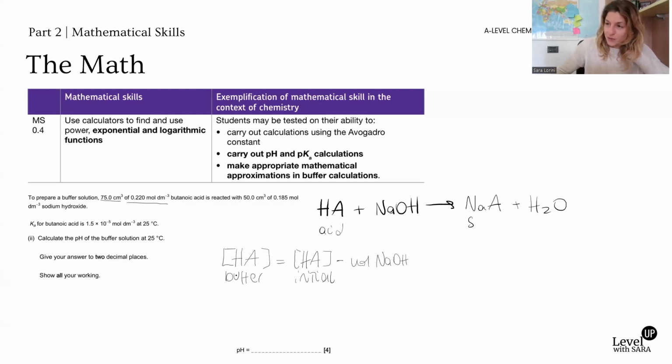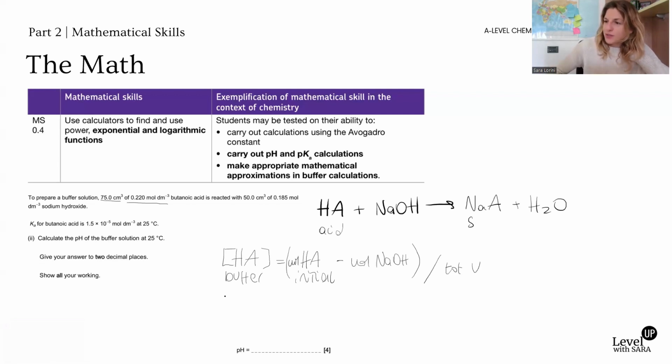And then, of course, to find the concentration of the buffer, you would have to divide all of these; actually, I mean not the concentration, but the moles of your initial acid minus the moles of the base, all divided by the new total volume.